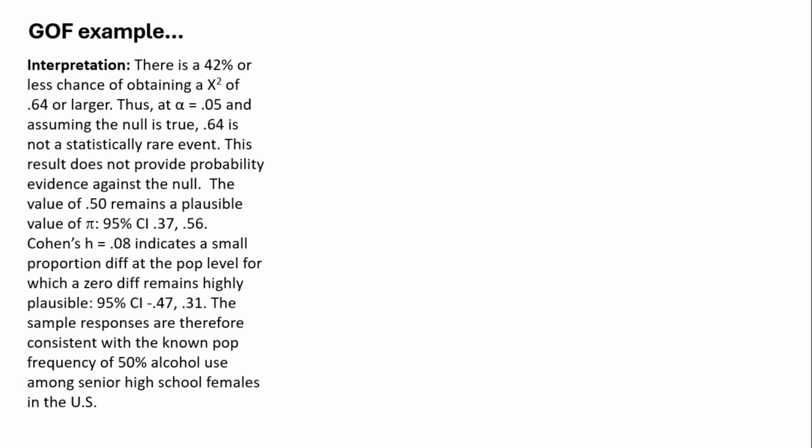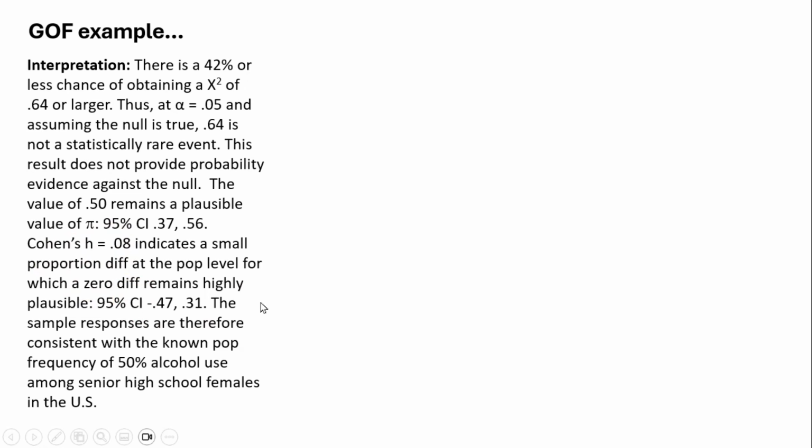You have 3 lines of evidence there. I have chi-square probability evidence. I have confidence interval evidence. I have effect size evidence. So I have quite a bit of evidence there that all point in the same direction.